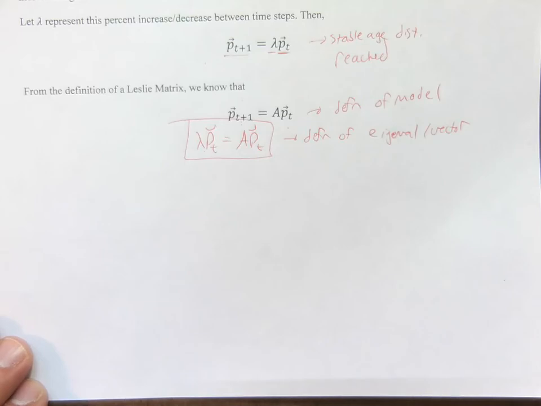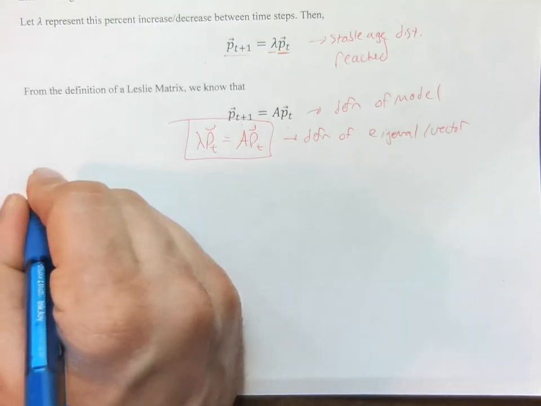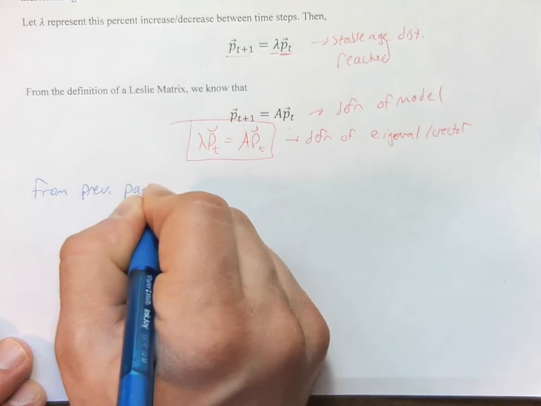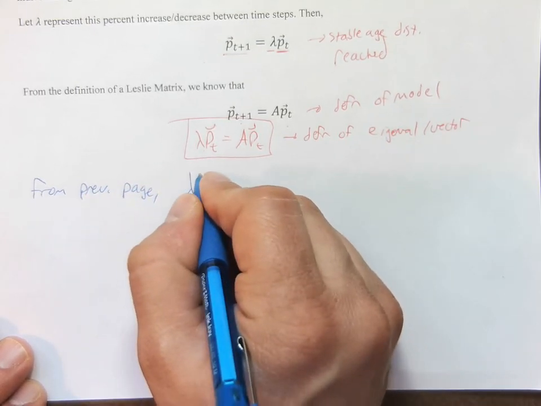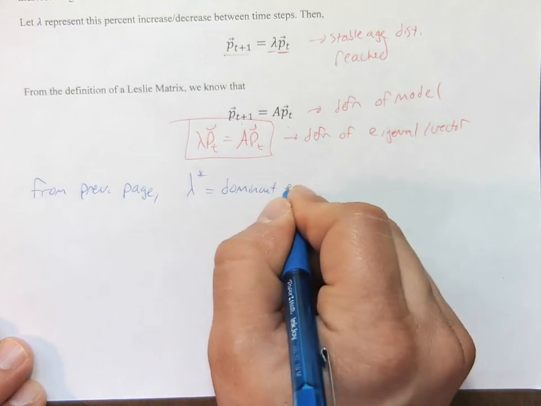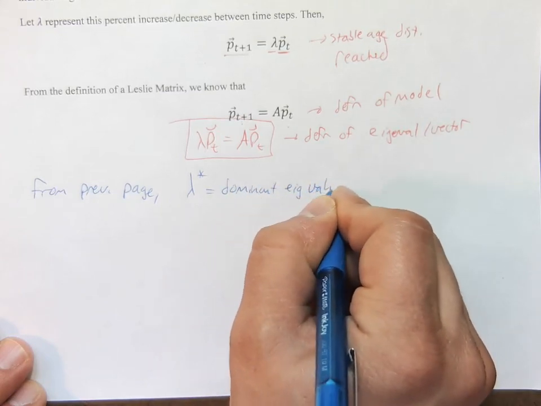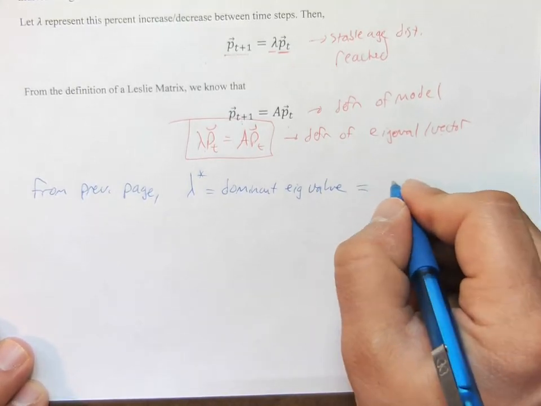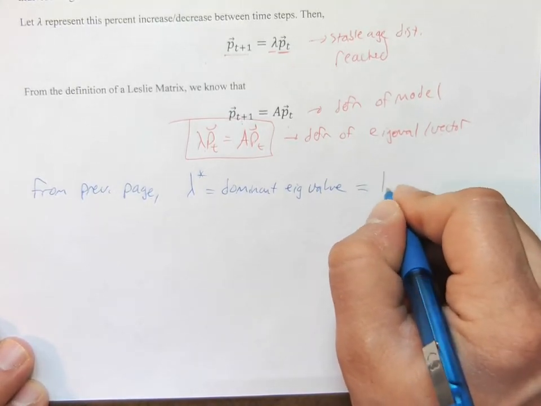So, work not shown, but from the previous page, lambda star, which is the dominant eigenvalue, I used a computer and did this, so I didn't even do it by hand, is 1.10.